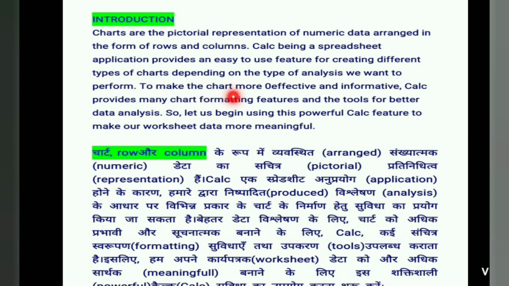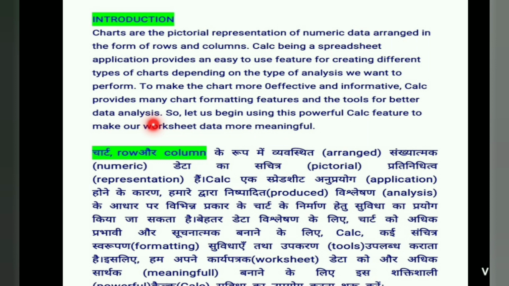To make the chart more effective, innovative and informative, Calc provides many chart formatting features, along with many tools and components for better data analysis.